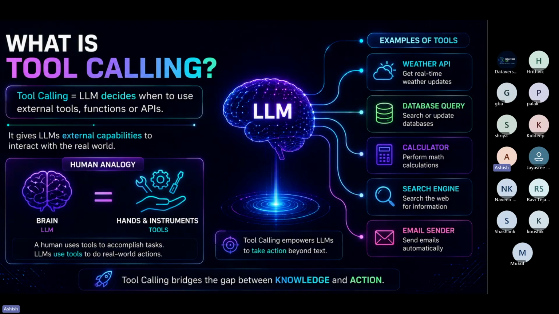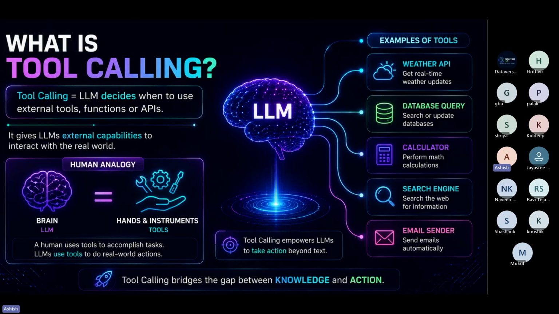So now, what is tool calling? Now we are going in depth. So far we know why we need it, what it can do, and how it is different. Tool calling is nothing but the LLM deciding when to use an external tool, function, or API. For example, if you ask a general question like, what is AI?